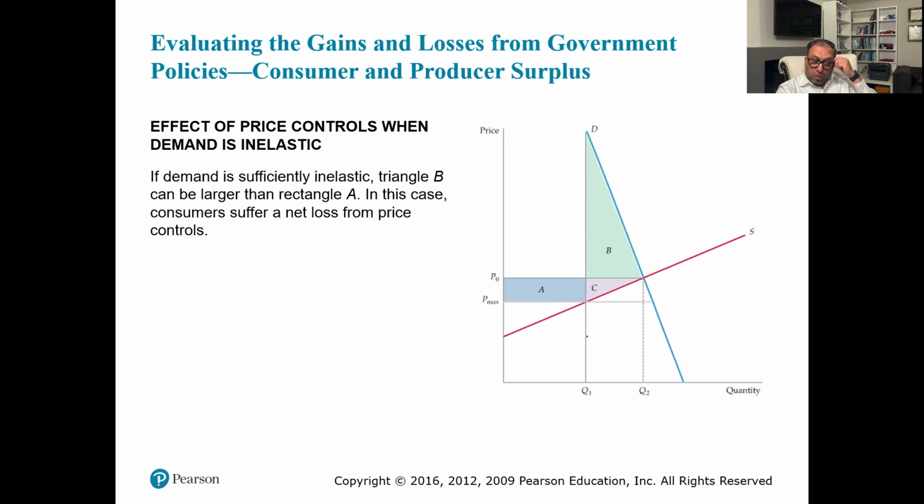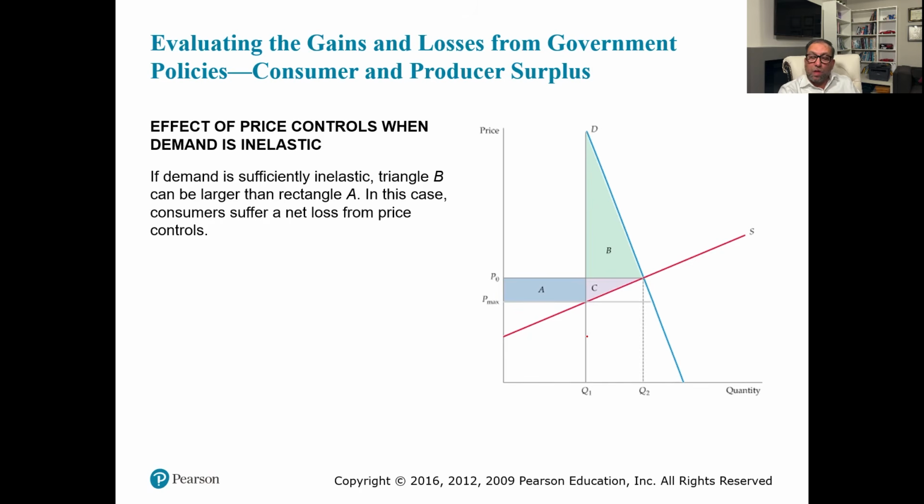Now who is going to suffer more if the government sets a price below the equilibrium price? It depends on the elasticity. So we can see here the effect of a price control when the demand is inelastic. If the demand is inelastic, triangle B can be larger than rectangle A. So in this case, the consumer suffers a net loss from the price control.